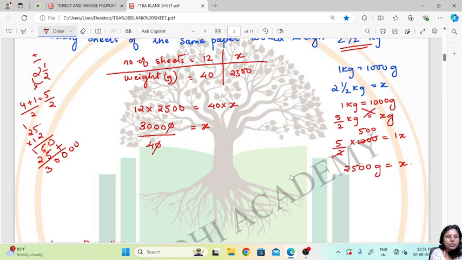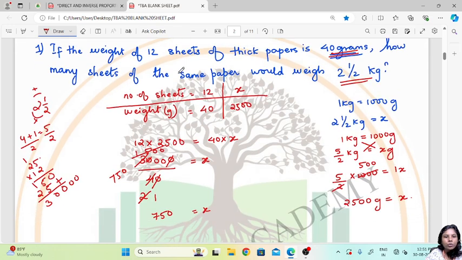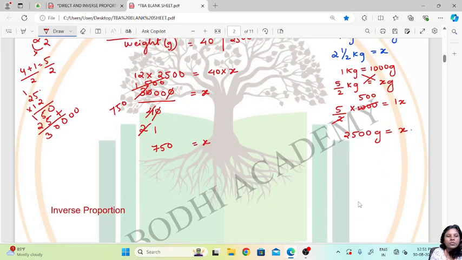So this and this will go off. 2 twos, 2 ones, 2 fives are 0, 0, then 2 ones are again 2, 7 twos, 5 fives and 0. So 750 equals x. So if the weight of 12 sheets was 40 grams, then of 2500 grams, the number of sheets will be 750.